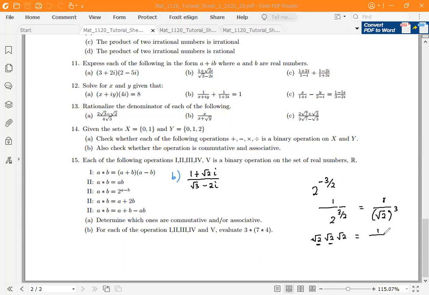So it would be 1 over 2 multiplied by root 2. And then you start from here to solve now. You let it be A over B, you give the condition, cross multiply to make root 2 the subject. Is that fine? Yes, thank you. Okay.